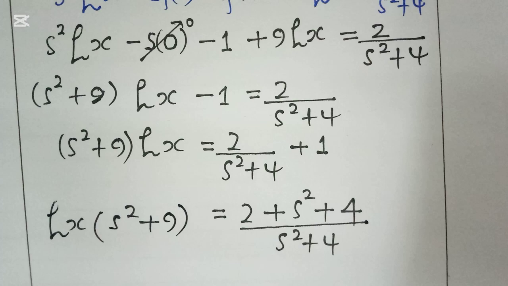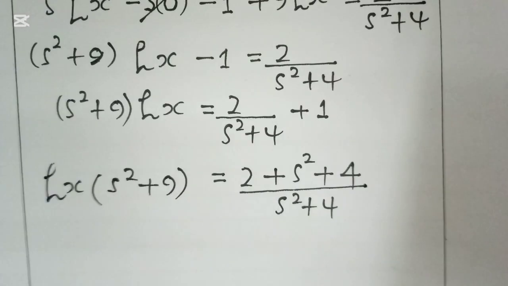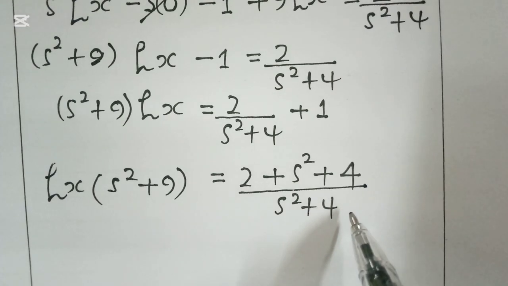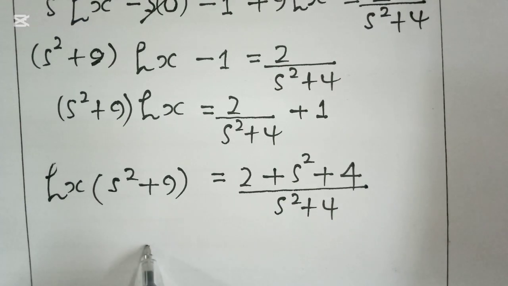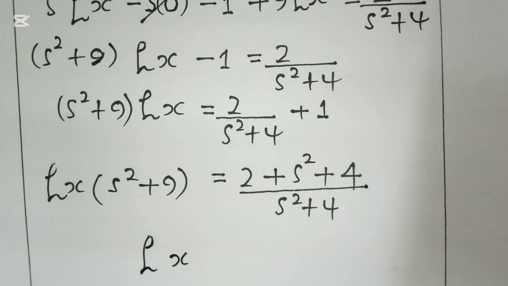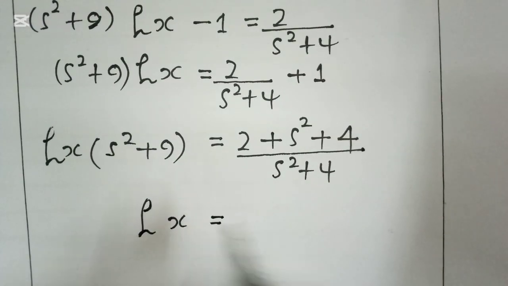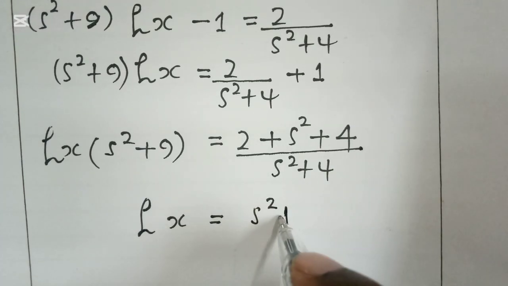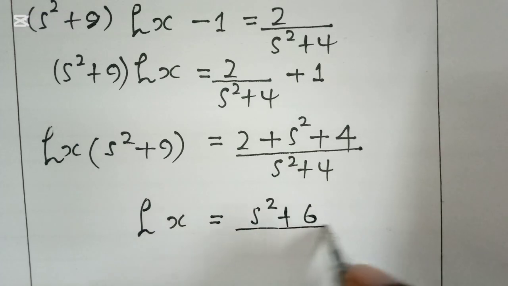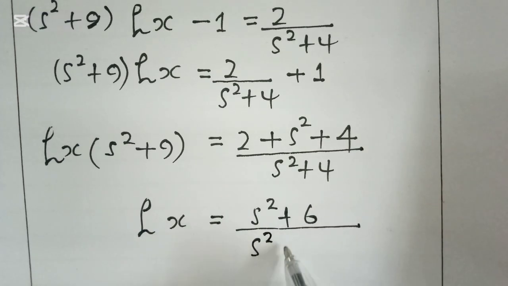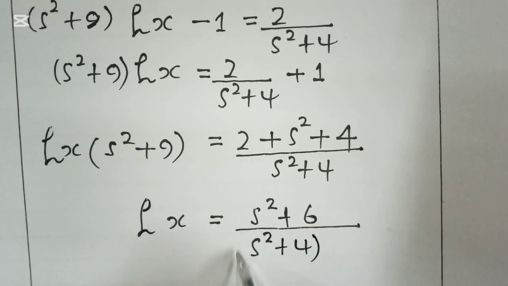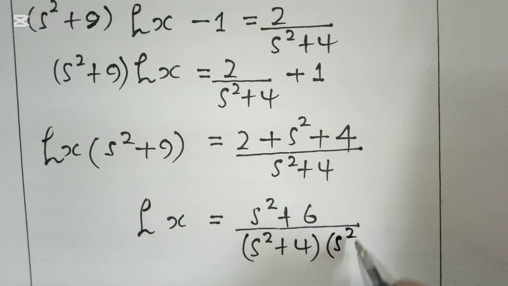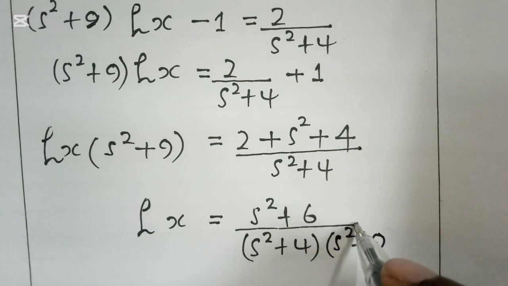By so doing, I can now put this s squared plus 9 on this side, at the denominator. So guys, we have the Laplace transform of x equals 2 plus 4 is 6, so this is going to be s squared plus 6 all over s squared plus 4, then s squared plus 9, like that.